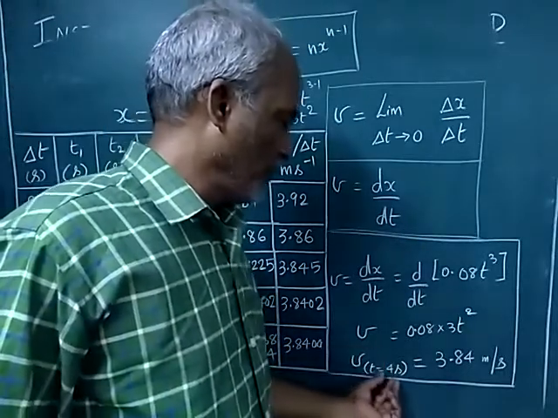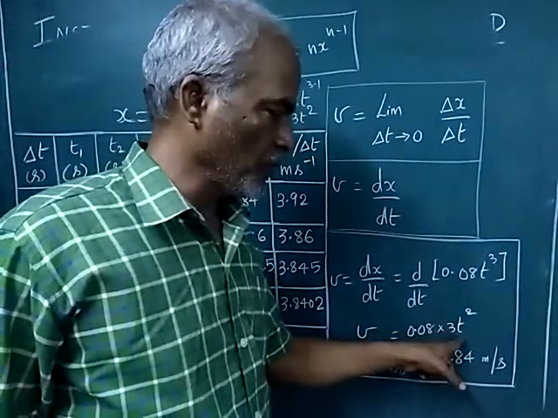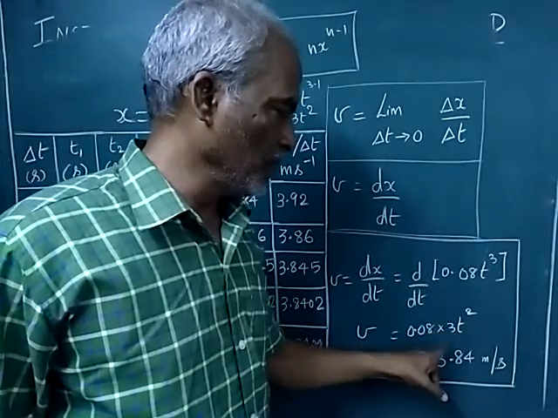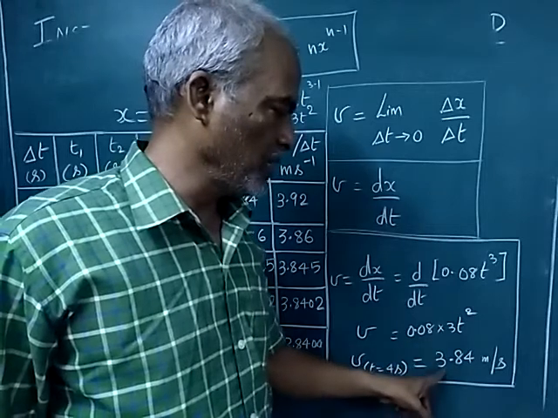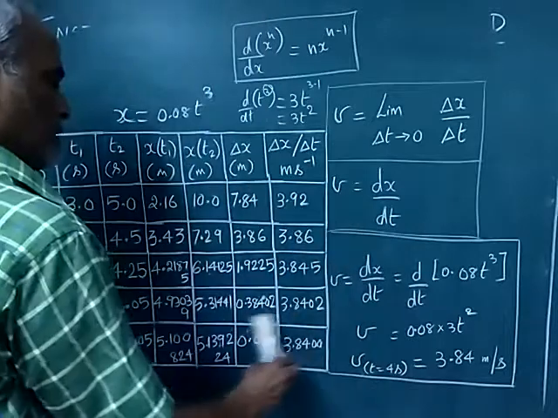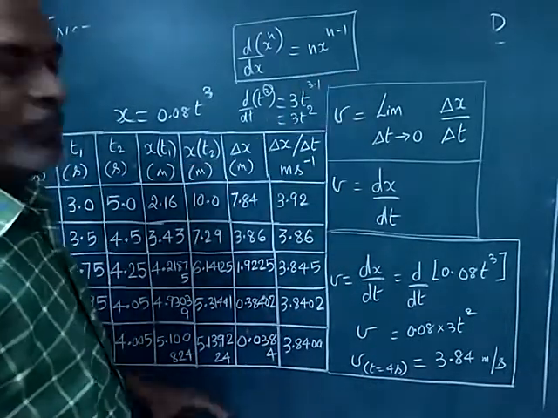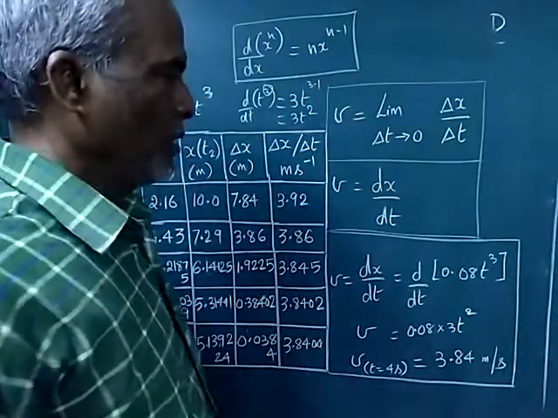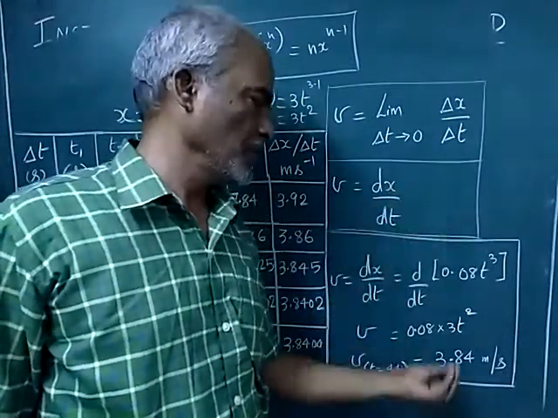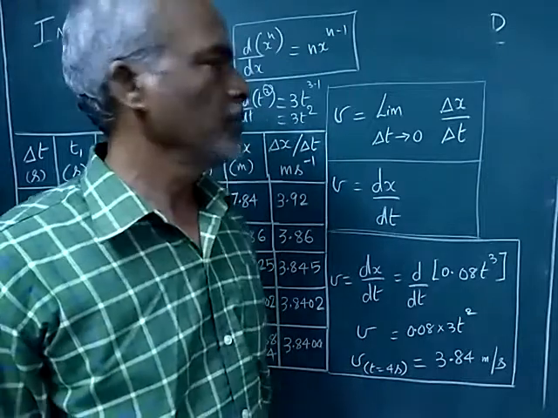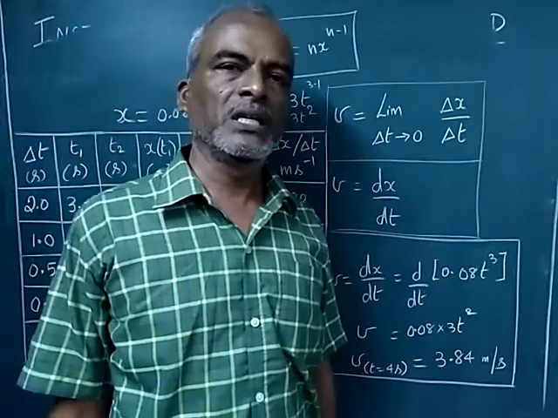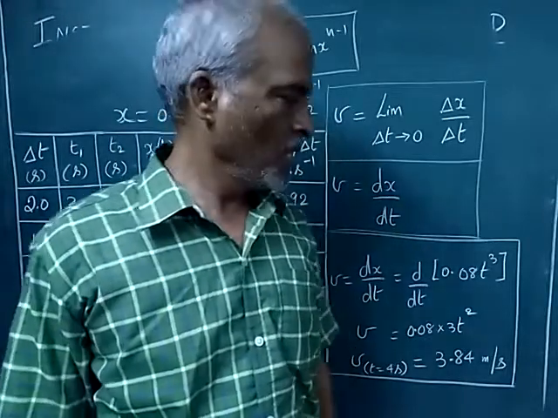So now at t equal to 4, you substitute 4. 4 square is 16, 16 into 3, that value is multiplied by 0.08, you will get 3.84 meters per second. So we did by this method, using this formula, we got the same value. We used the differentiation method, then also we got the same answer. So you must be good in differentiation as well as integration.